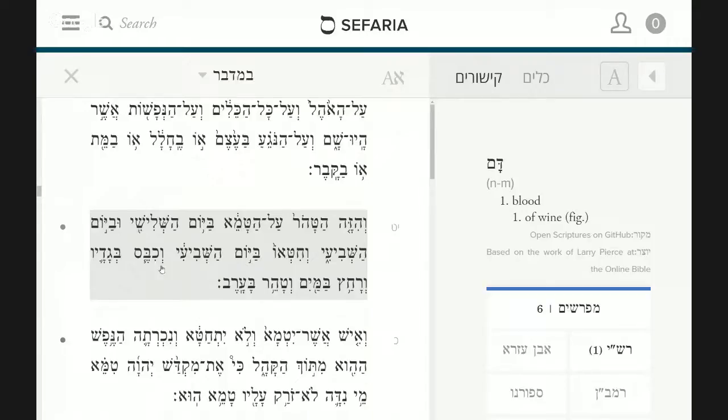V'chibes bigadav, and he shall wash his clothes, v'rachatz b'mayim, and wash in water, v'taher ba'arev, and be pure in the evening. So I'm not seeing somebody becoming impure in that particular verse. Right, just the washing and becoming pure in the evening. Maybe that's the implication. I'm not sure.